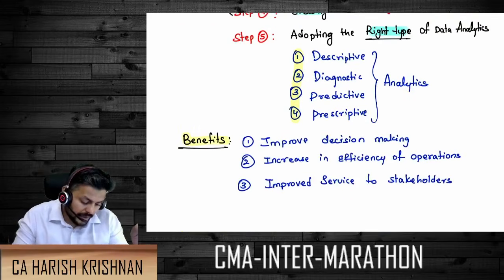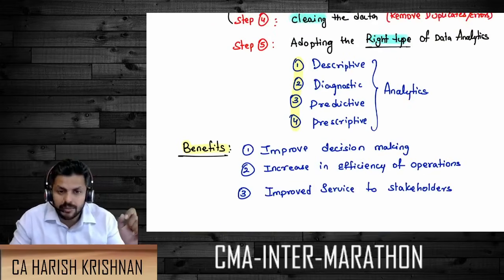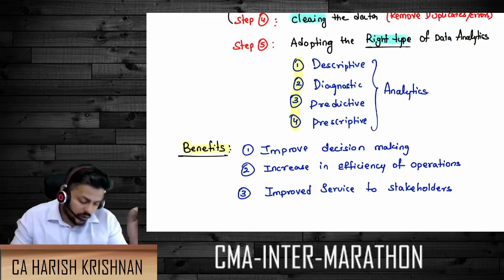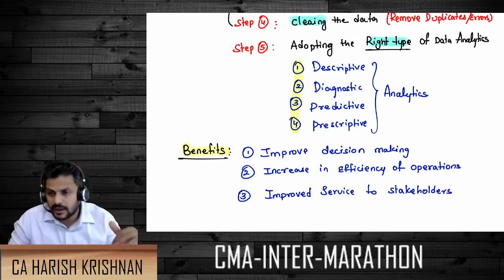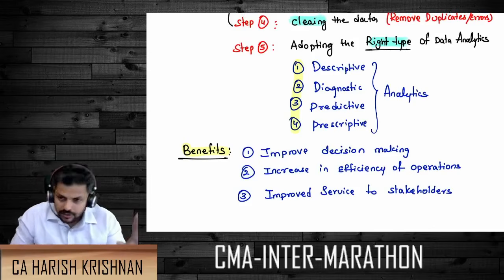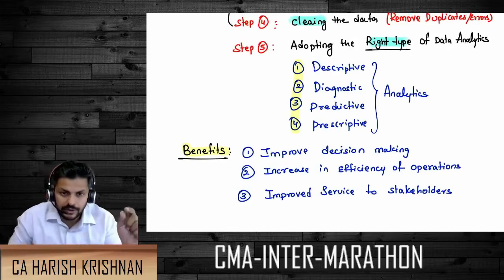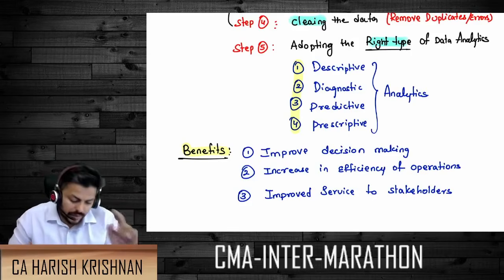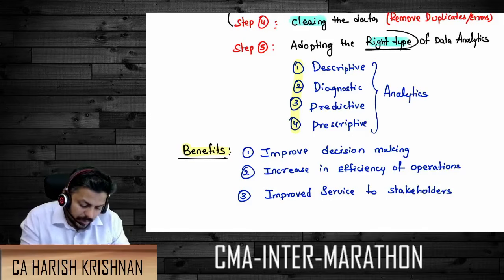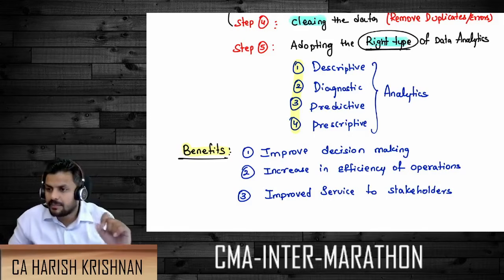There are 4 points in finding out what the right type of data analytics is. First one is called descriptive data analytics. All four give you an answer to a question, which I will discuss below, because that is a separate topic. Let's not deviate. Descriptive, diagnostic, predictive, and prescriptive analytics are the four types of analytics, and you're supposed to choose the right type of analytics.